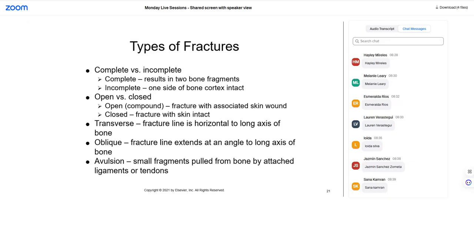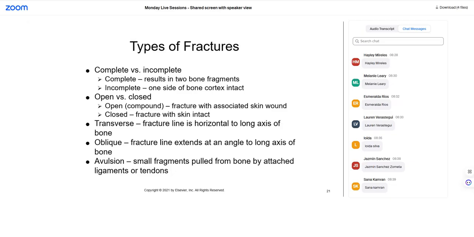Complete fracture means you've got two bone fragments, whereas incomplete, one side of that bone is still intact. Open is a fracture with a skin wound. Compound is going through the skin. Closed is a fracture with the skin still intact.